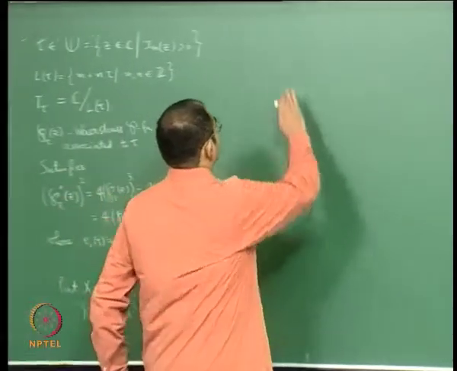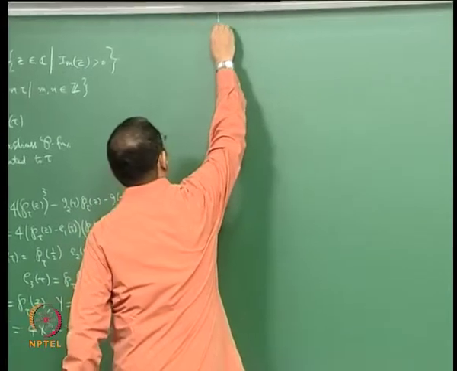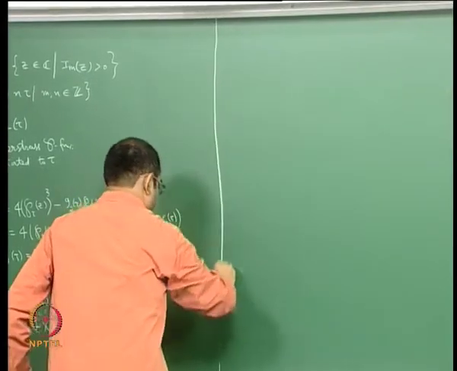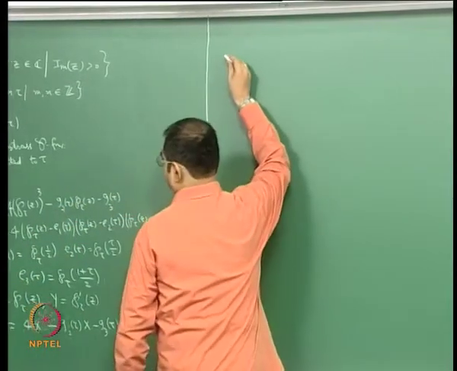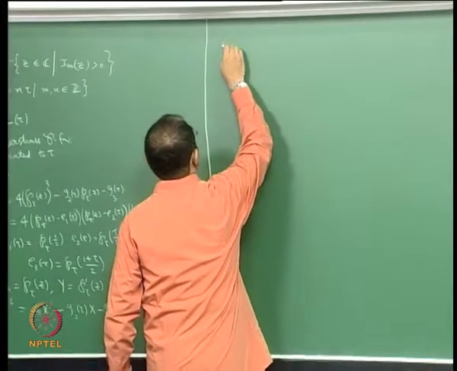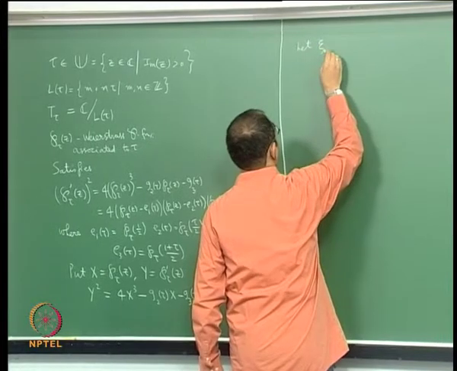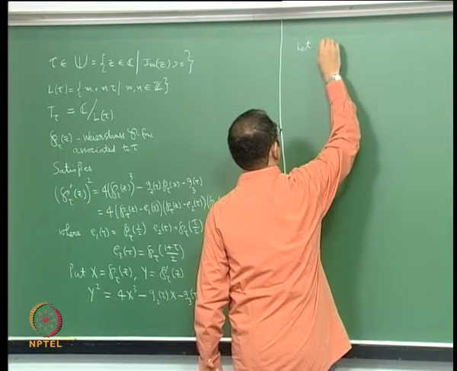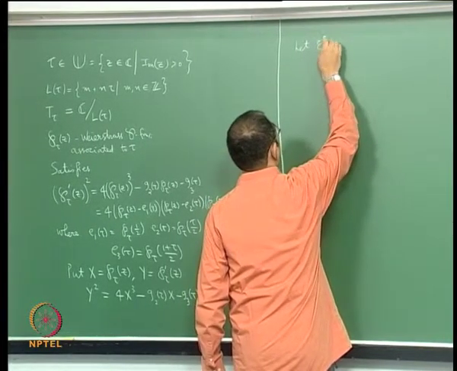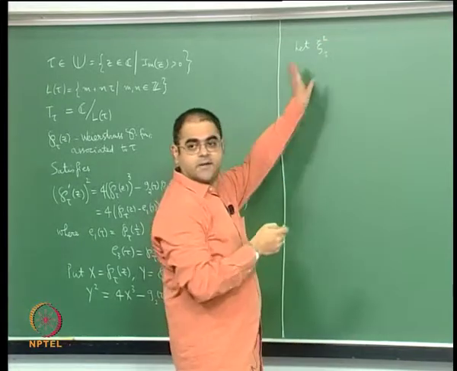So let me write that. Let me use this notation xi tau 2, I'll explain this notation later.